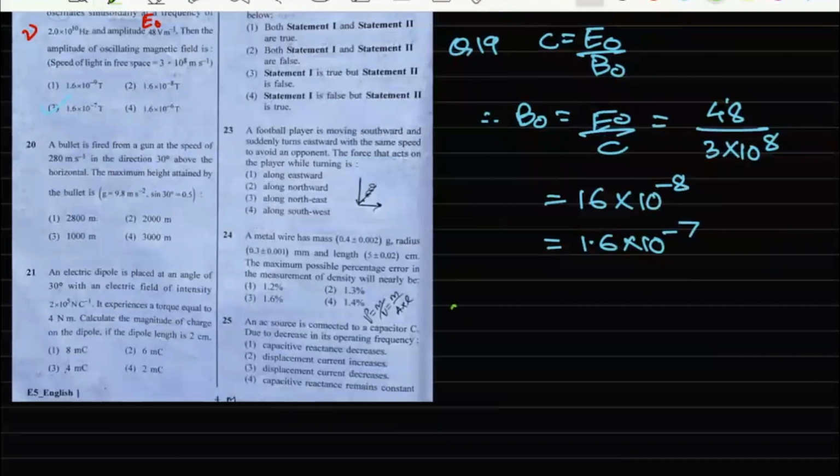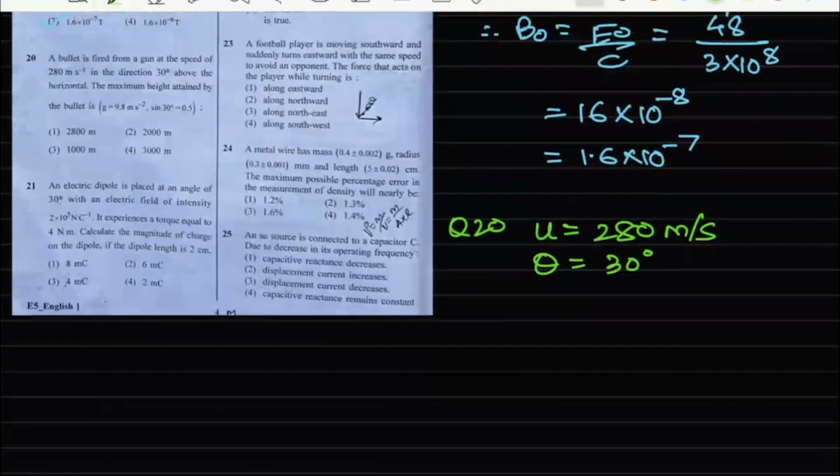Okay. Number 20, a bullet is fired from a gun at a speed of, let's say U is 280, in a direction of, let's say theta, 30 degrees above the horizontal. So yeah, maximum height. Oh my god, this is extremely easy again.